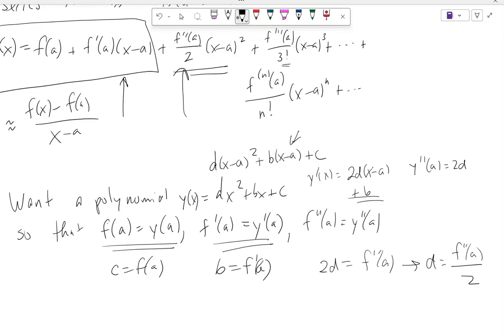I have to divide out by 3 times 2 times 1, or 3 factorial. The next one would be 4 factorial. The next one is 5 factorial, and so on down the line. So each power is just getting a better and better polynomial approximation at the point. You get a quadratic approximation, a cubic approximation, a quartic, a quintic, and so on up the line.